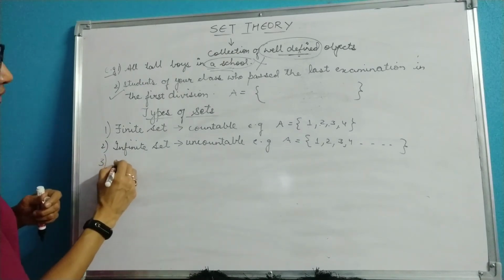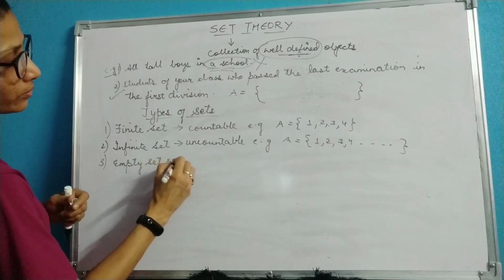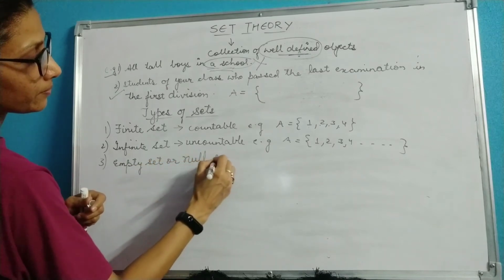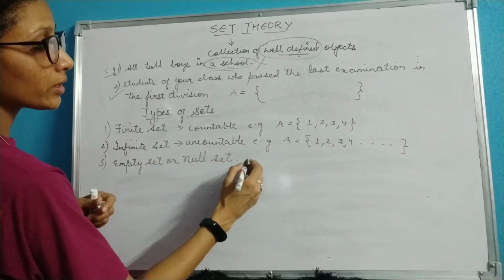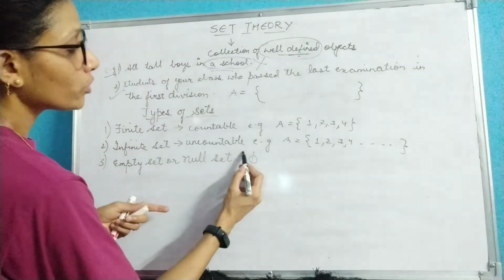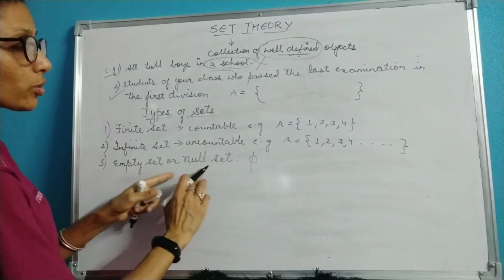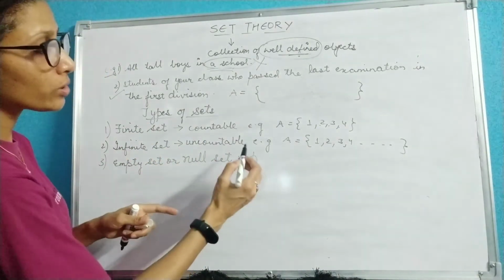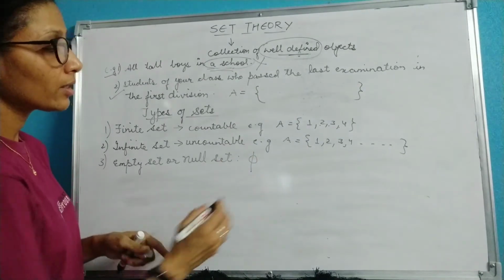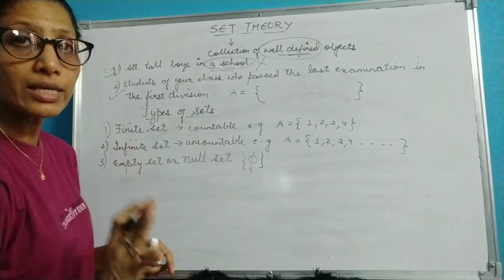Then you come to empty set or null set, which is represented by this symbol. Children, please take care. You will not be using braces here. When you are writing empty set or null set, you will just be using this symbol. And if you write it in brackets, then this will be considered as an element.